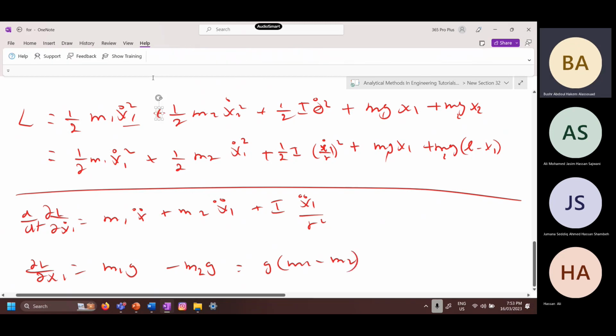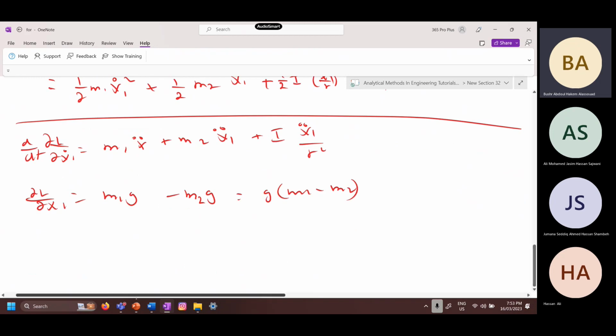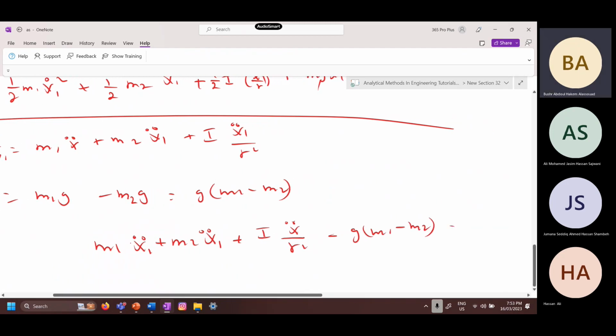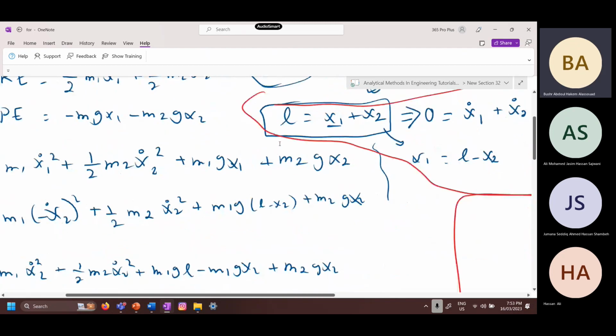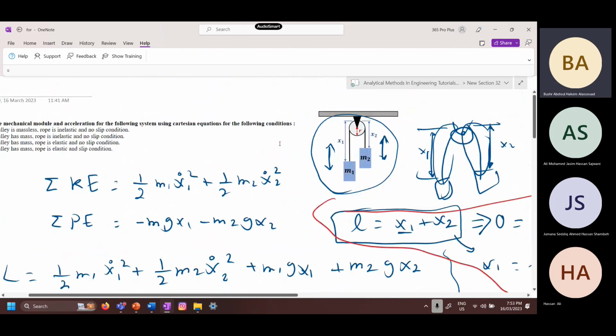Now just gather the things up here and you'll get m1 x1 double dot plus m2 x1 double dot, it's x1, just not to get mixed up, plus I x1 double dot over r squared minus g (m1 minus m2) equals zero. Again, you can solve this using the polar form of Euler-Lagrange.